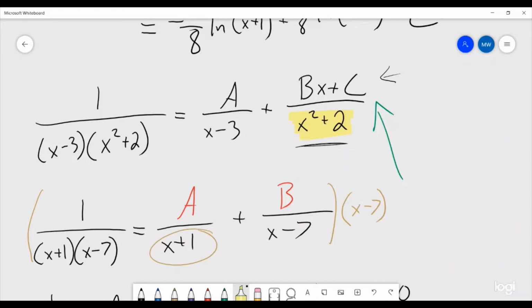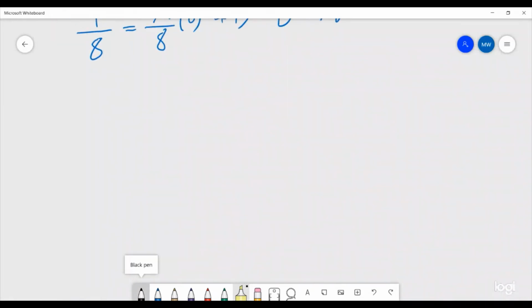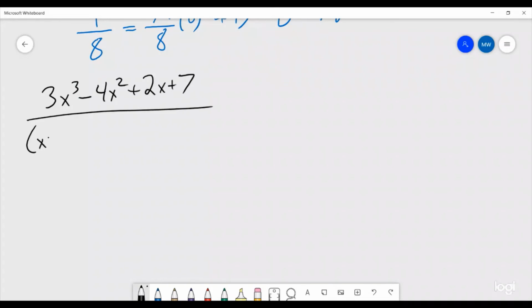Now, partial fractions is going to be the same sort of method where you go through and do this long process no matter what the function is. So if we were to give something like 3x cubed minus 4x squared plus 2x plus 7 all over x minus 3 squared, x plus 7, x minus 4, x squared plus 1, for example.